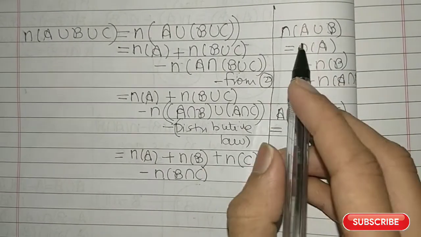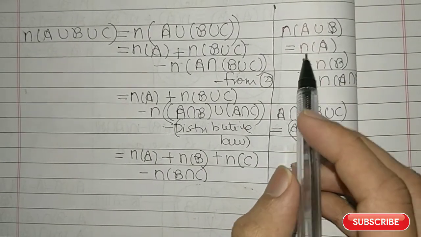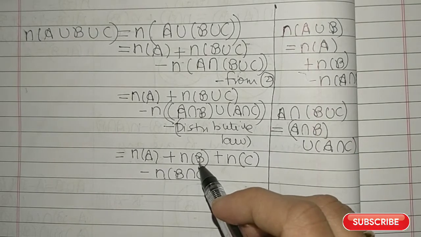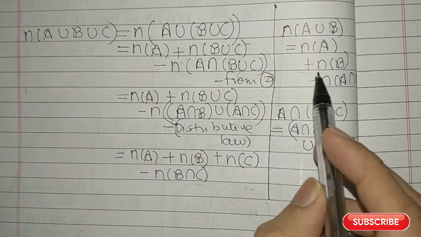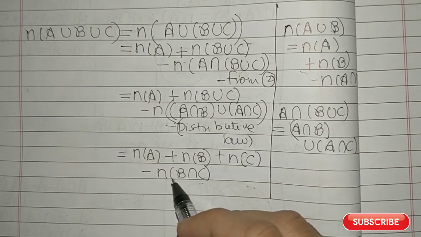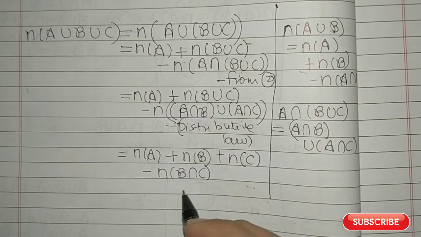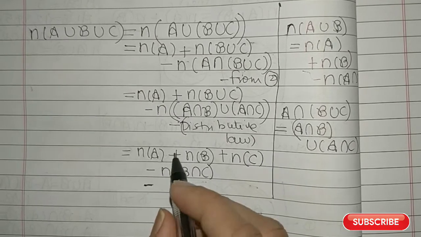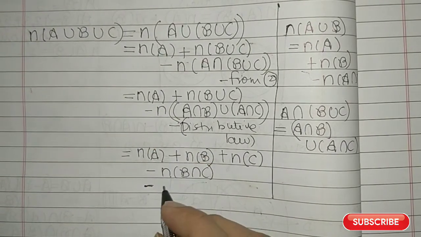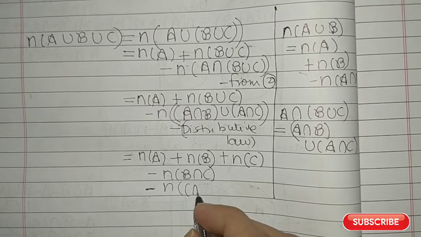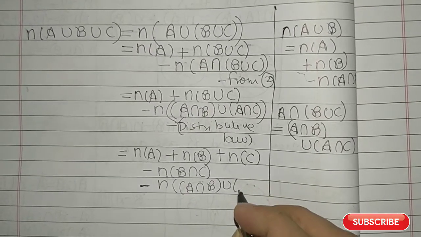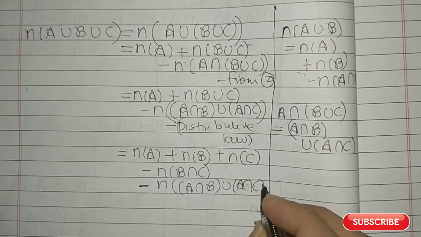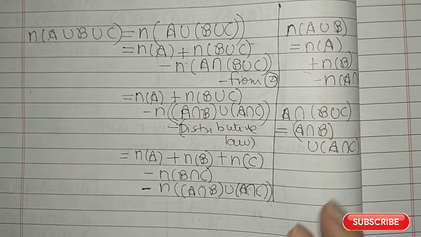So B corresponds to A, C corresponds to B. So what you are getting? n(A) plus n(B) plus n(C) minus n(B intersection C), then minus n((A intersection B) union (A intersection C)). Okay, this we are getting.